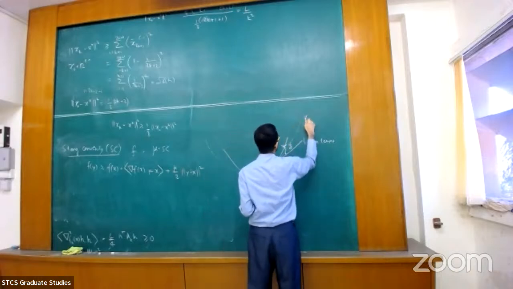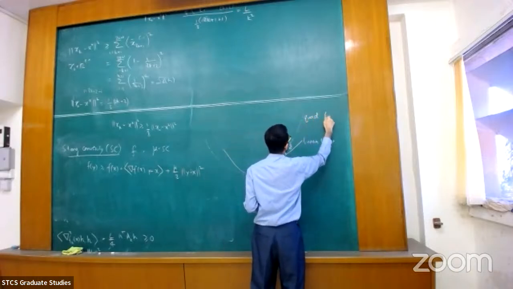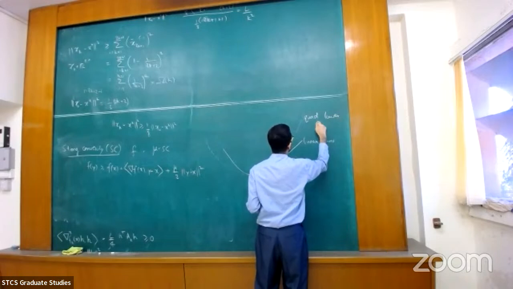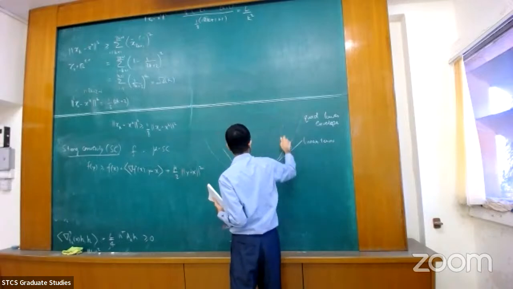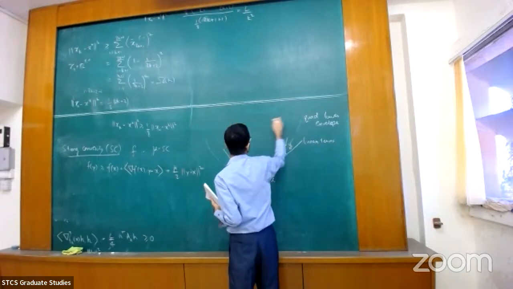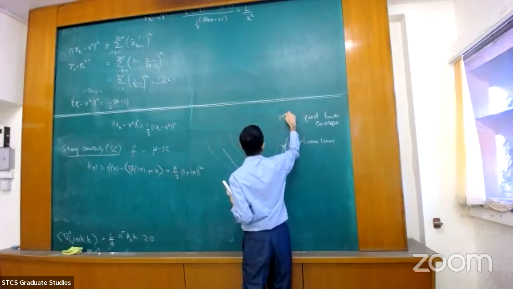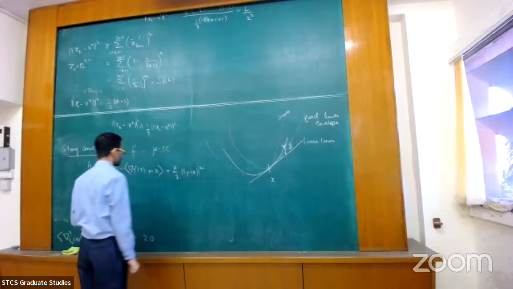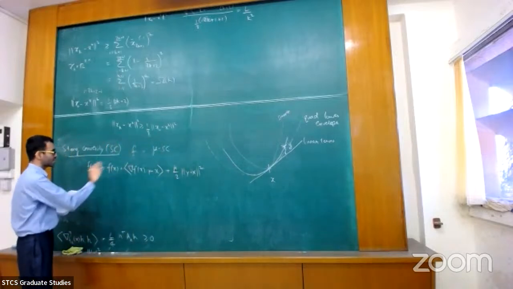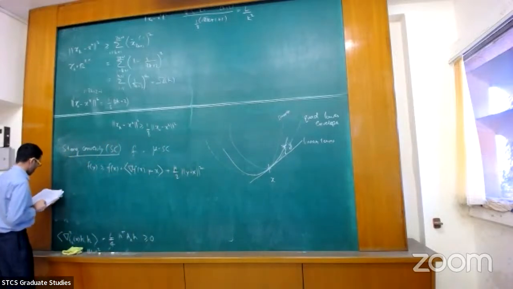This is a quadratic lower bound. Smoothness, if you recall, was a quadratic upper bound. So that's strong convexity.